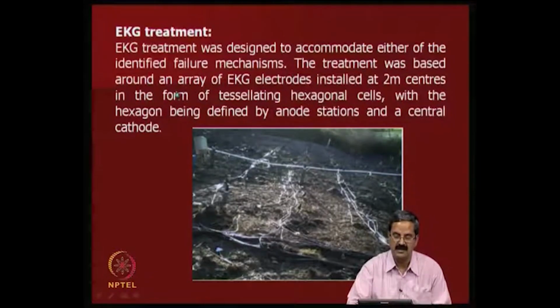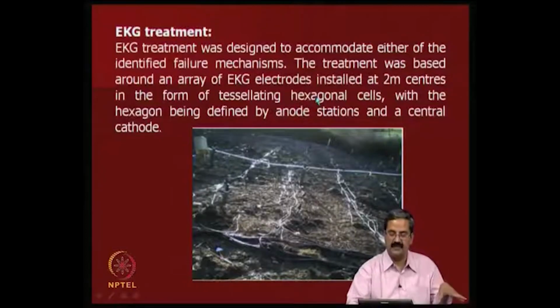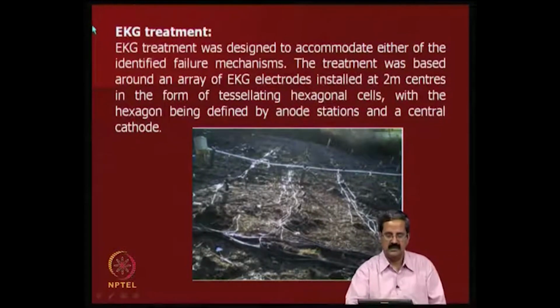The treatment was based around an array of EKG electrodes installed at 2 meter centers in the form of hexagonal cells, with the hexagon being defined by anode stations and a central cathode. You can see that they have a nice arrangement, with a central cathode from which water could be removed, right, and anodes forming a hexagonal cell.